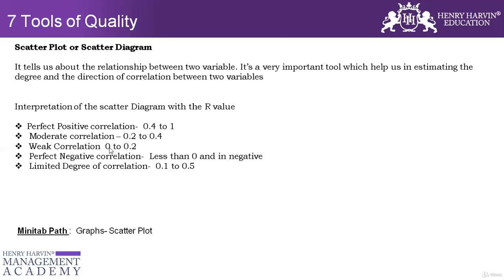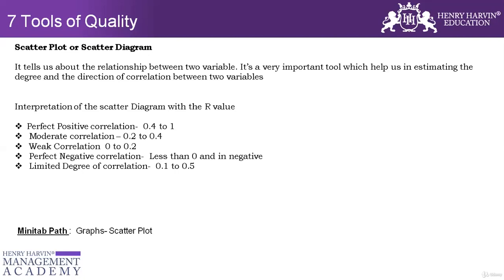If it's between 0 to 0.2, we call it a very weak positive correlation. Anything which is less than 0, or negative, is a negative correlation. And anything between 0.1 to 0.5 is a very limited degree of correlation. So this is to be calculated with the help of an R value, wherein we would be able to tell what sort of a correlation the scatter diagram that I prepared shows.